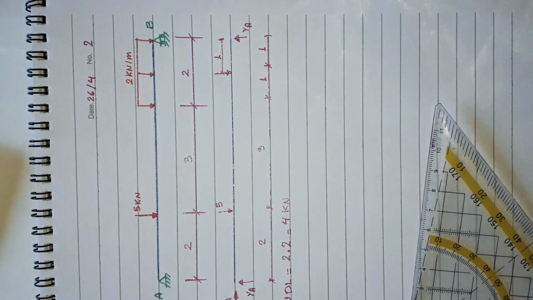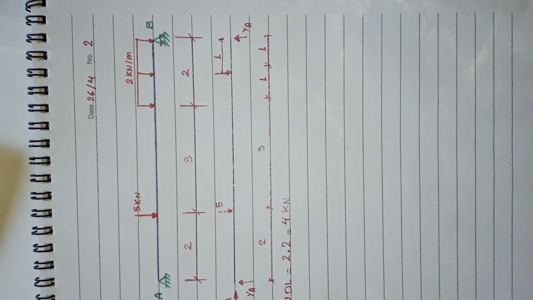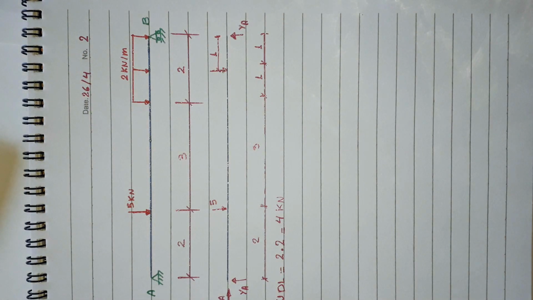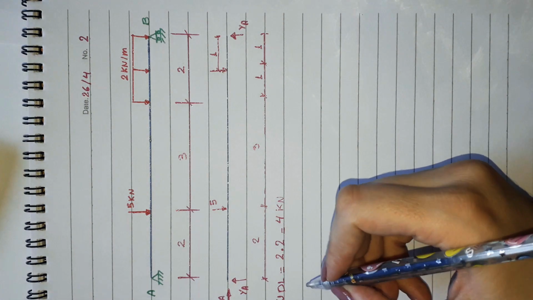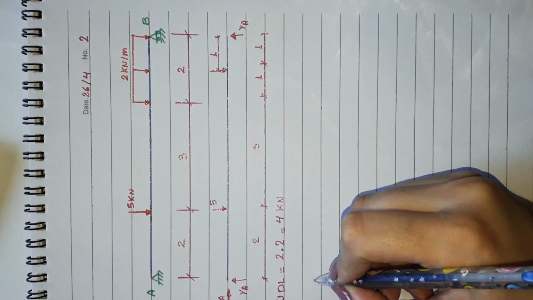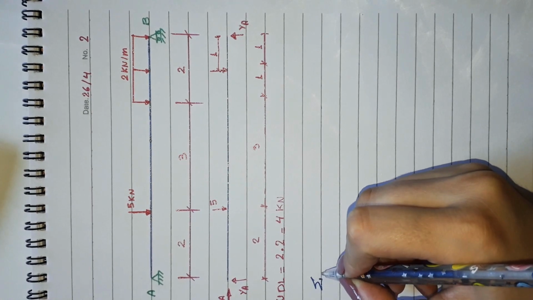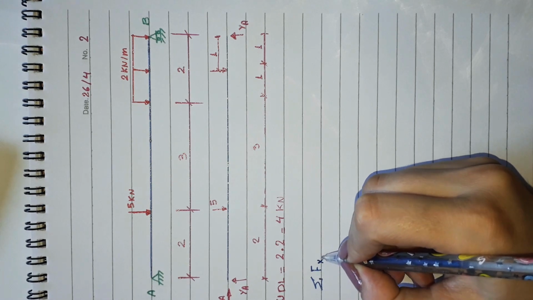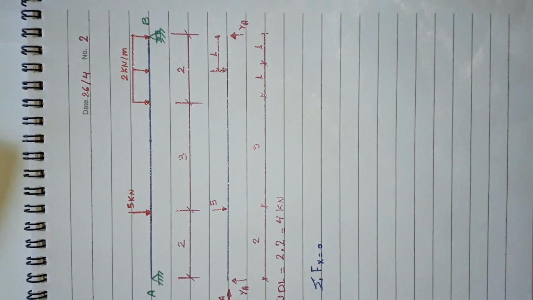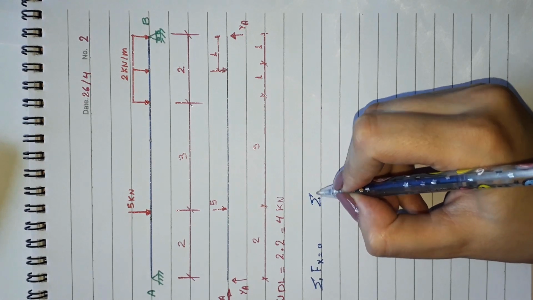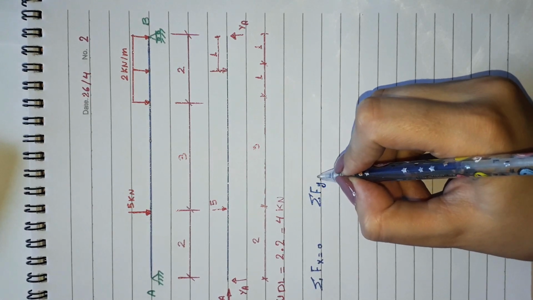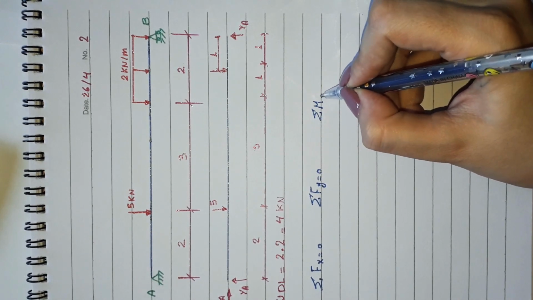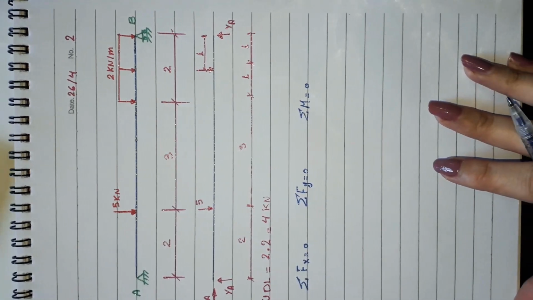Now we are ready to use the static equilibriums. As we said in the previous video, and as you may know, the static equilibriums are the sum of the forces in the x direction equals 0, the sum of the forces in the y direction equals 0, and the sum of the moments equals 0.